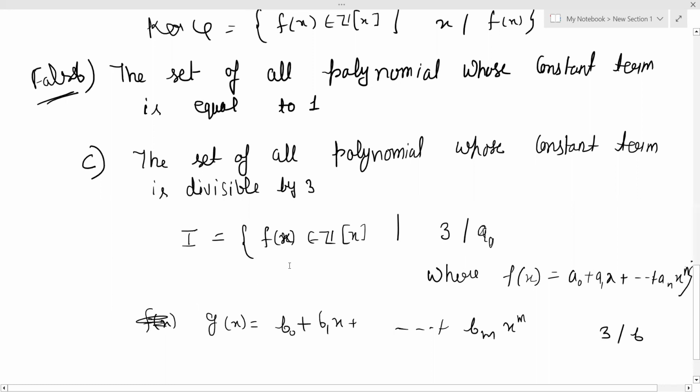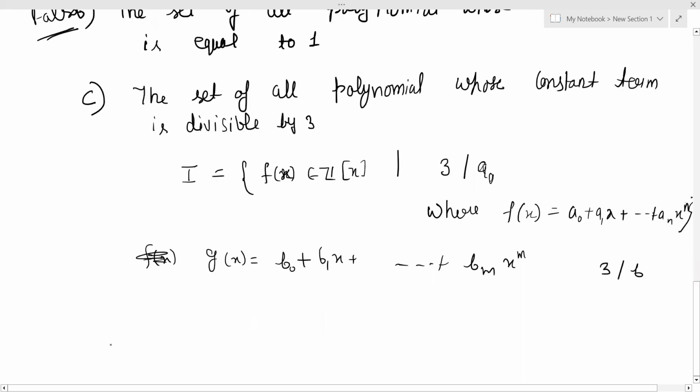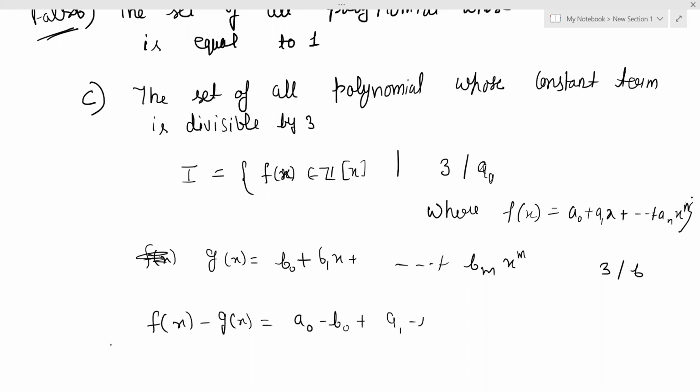So these two are in this set. Now we want the difference of these two. So f(x) minus g(x) will be a0 minus b0 plus (a1 minus b1) x plus so on.